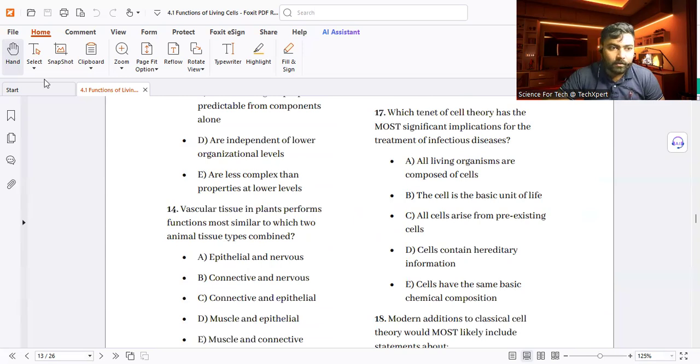Can you do the 17th one? Actually, these MCQs are quite advanced. You have to think a little bit and then you have to answer.